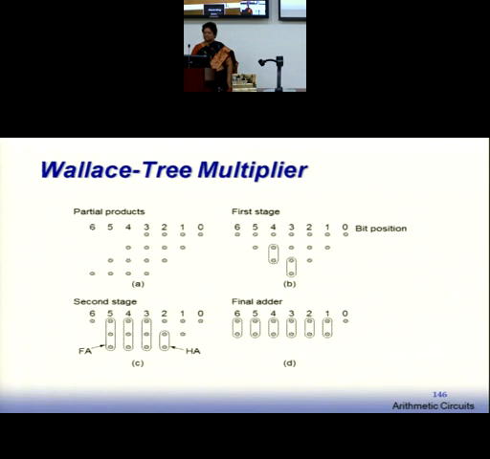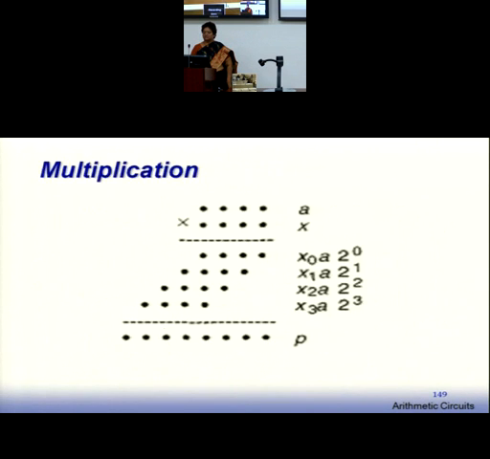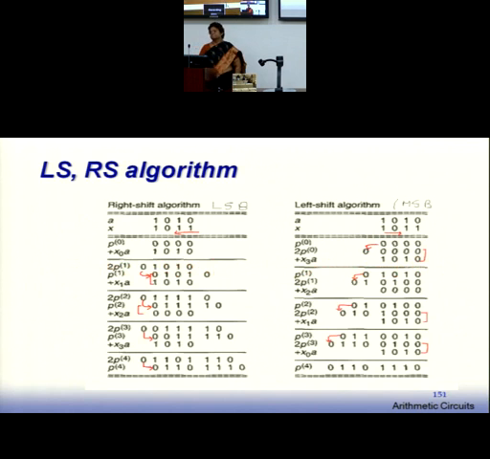So next is the LS and RS algorithms. Again, my normal algorithm is the way you do it as a decimal thing. And the approach implementation is an array implementation, array multiplier. Now we say, let me change it. Serial multiplier.